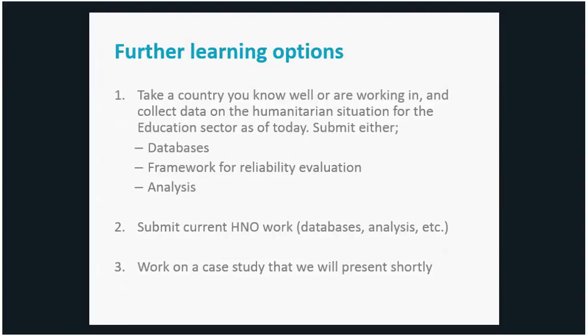On the admin side, everything is to be sent in to me, James, and we'll share the email address for you. But you've got that opportunity now for us to give you some targeted support on your HNO work. If you are working in another sector, sure, we can have a look at that as well, if you like, as your HNO work.